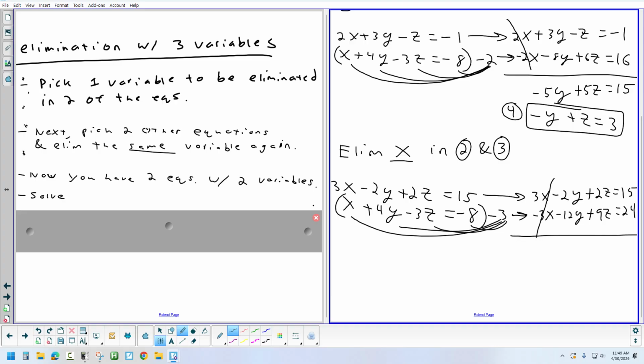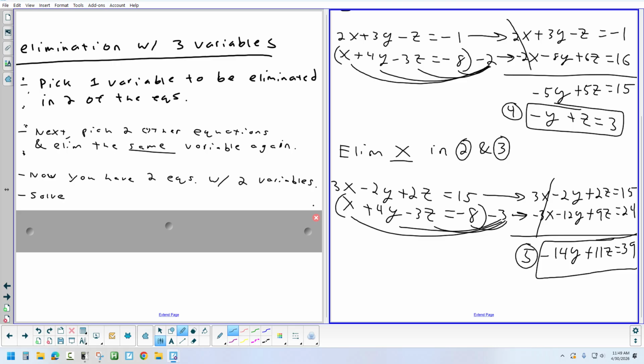Yep. Okay. Those cancel. What's negative 2y and negative 12y? Negative 14y. What's 2z plus 9z? 11z. And 15 and 24? 39. Okay. So we're going to call that equation 5.